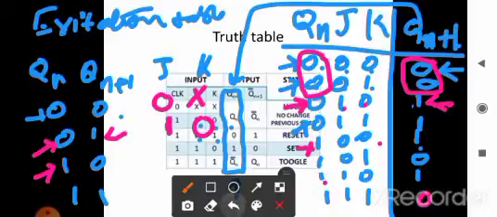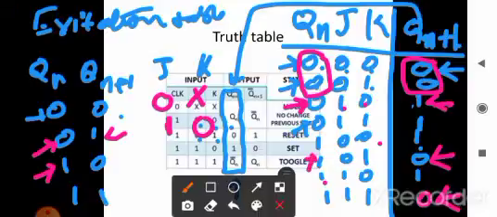So the condition changes. So q1 plus 1 is equal to 0 means this one. For that one we need to say q1 is equal to 1. So there you can see j is varying from 0 to 1 and k is constant. So that's why we take it as k, and what is the value of k?